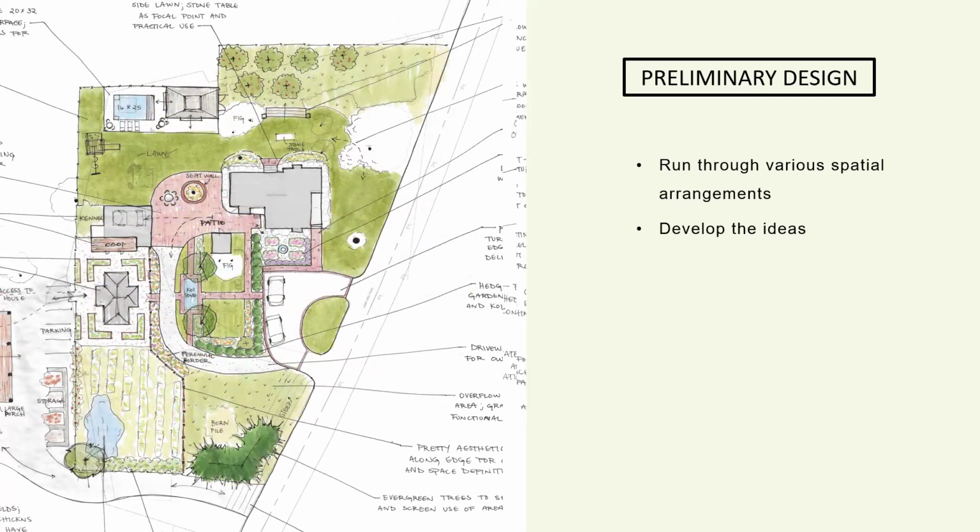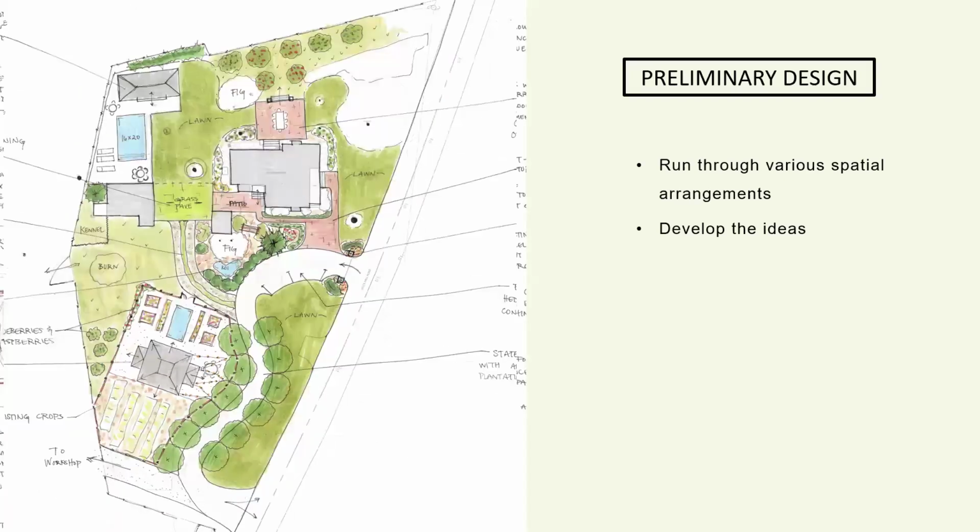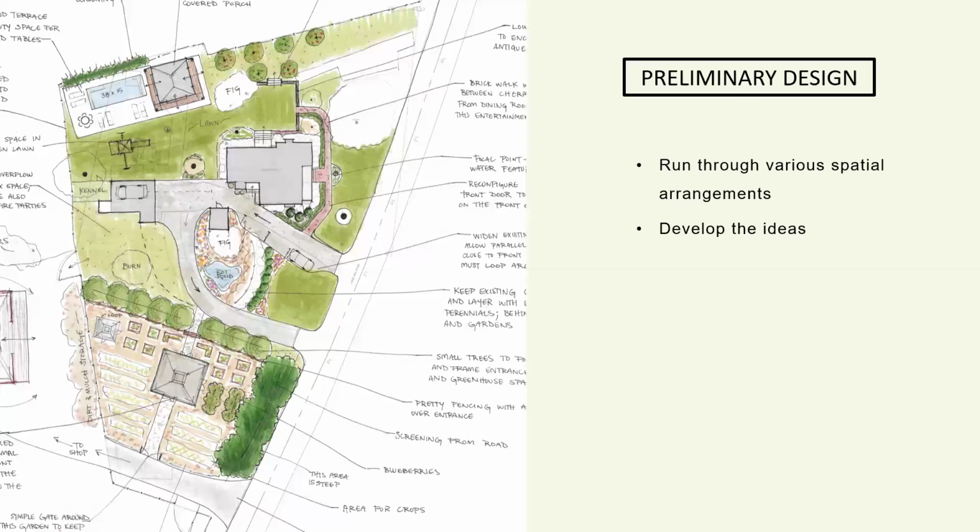So I'm going to flip back through these just now to show you that this is a preliminary level landscape plan that we would present to a client. And you can see that there are some very different ways to think about that same space. But the elements that we're putting in that landscape plan are very similar each time. We know we want a pool. We know we want a play set.